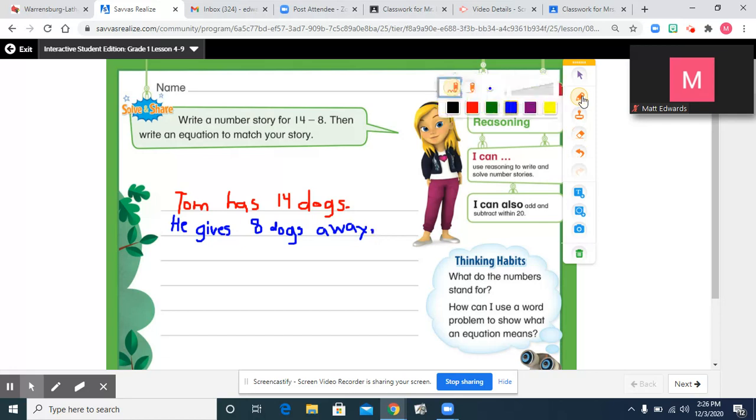Okay, now here's the important part. We have to write a question for our last sentence. Now we want to know how many dogs are left, so that is exactly what our question is going to be.